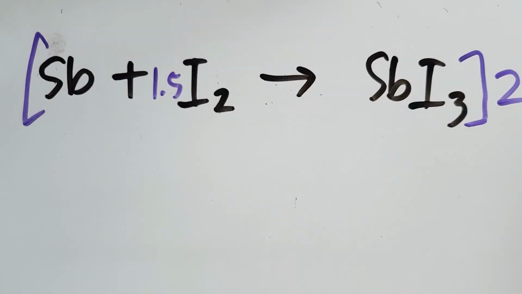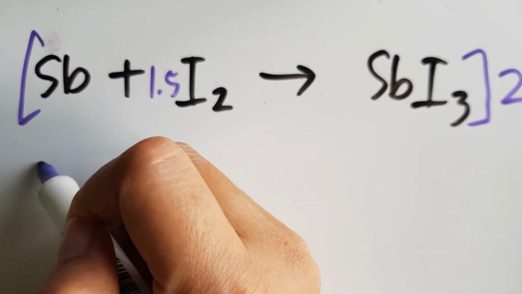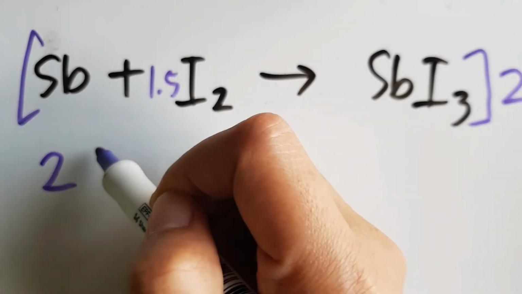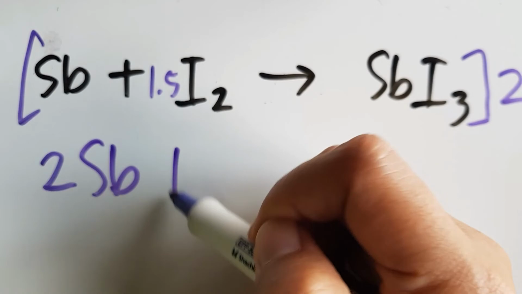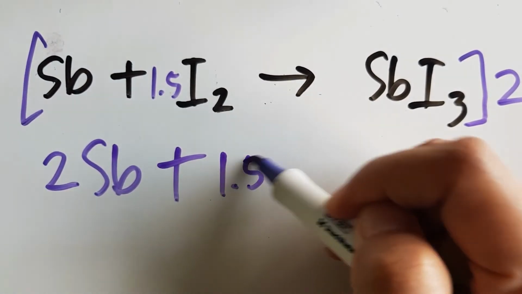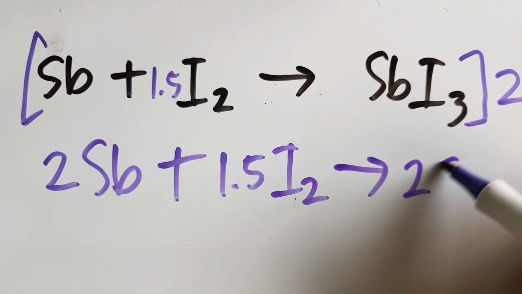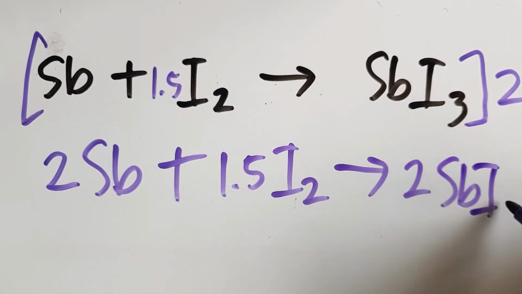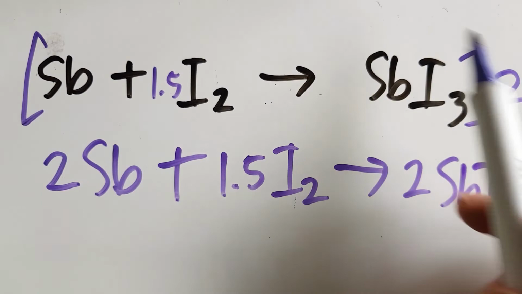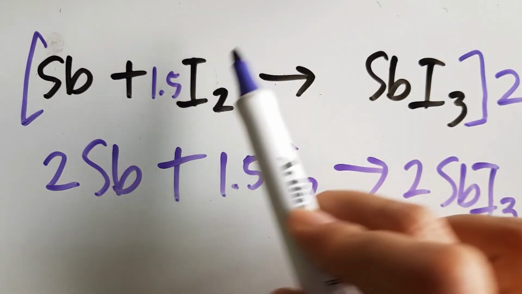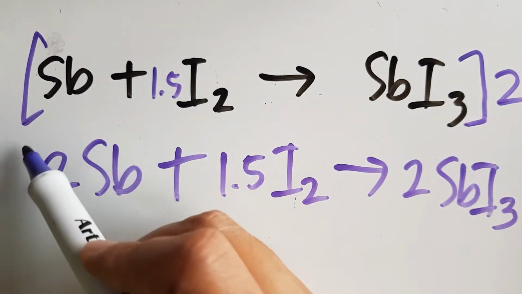And my final balanced equation is 2Sb plus 1.5 I2 is equal to 2SbI3. So you are multiplying 2 to each term of the equation.